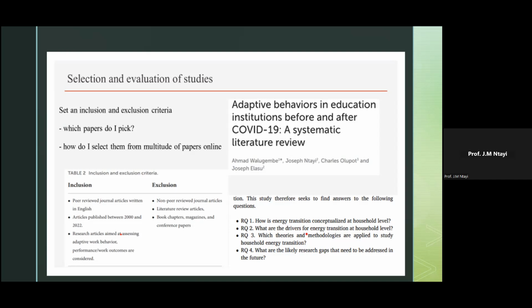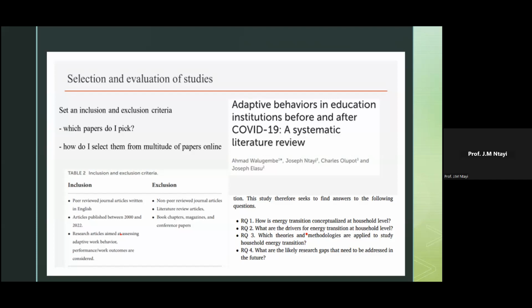We are also saying, and this probably partly answers the question of Dr. Austin, that we are interested in articles published between 2000 and 2022. Now, in the event that we have some very important information from a renowned scholar who has done a lot of work in the area of adaptive behavior, and it was published in 1990, for example, we should be able to adjust, just like Prof had said, and make sure that information in that article is captured.